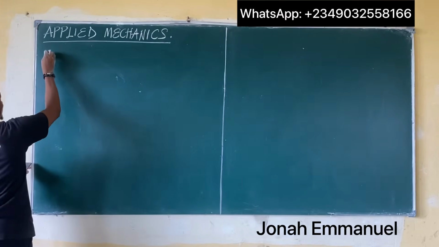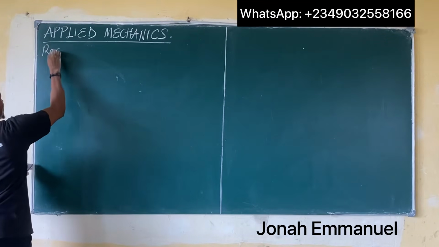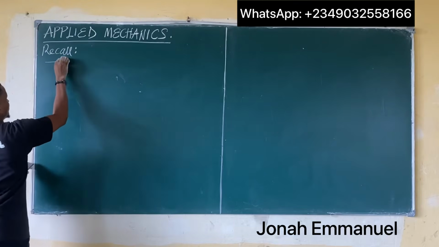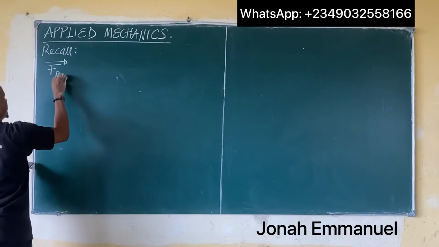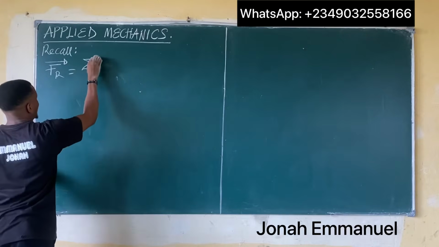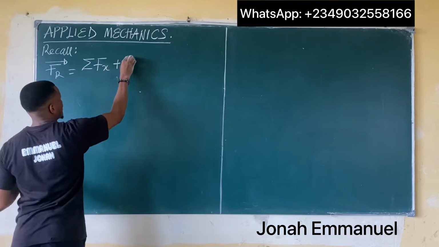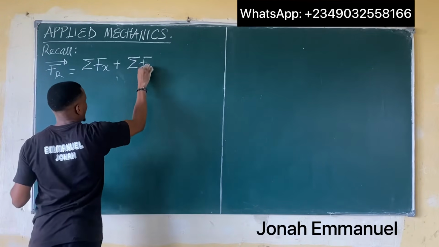Now, recall that we said resultant force Fr is equal to sigma Fx plus sigma Fy.